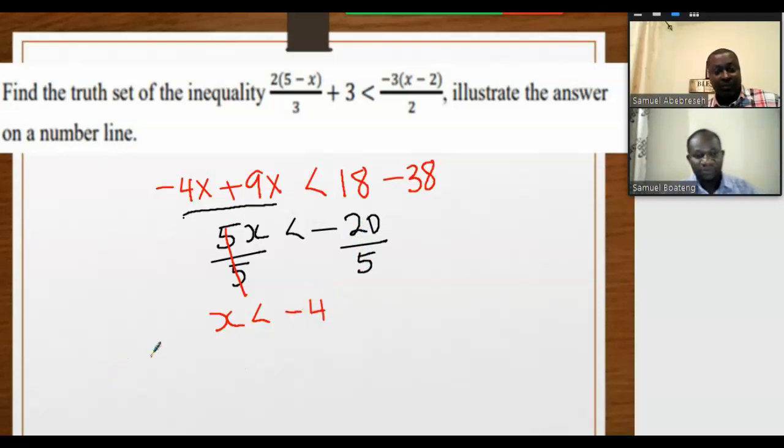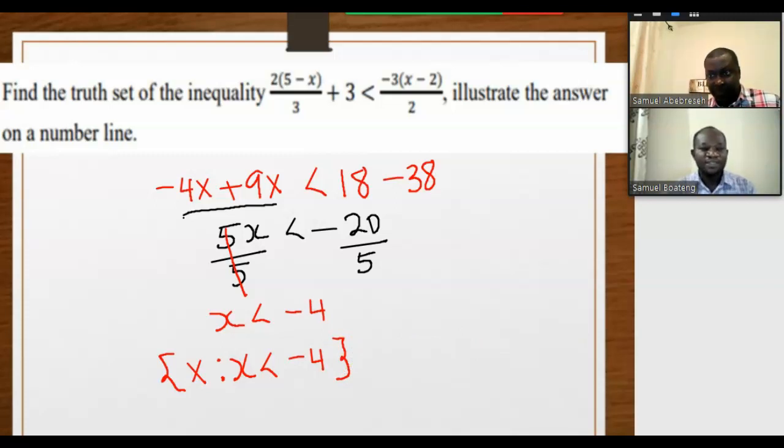And the question said we should find a truth set, so we need to put it in truth set form. x is such that x is less than minus 4. Good. Then close the bracket.